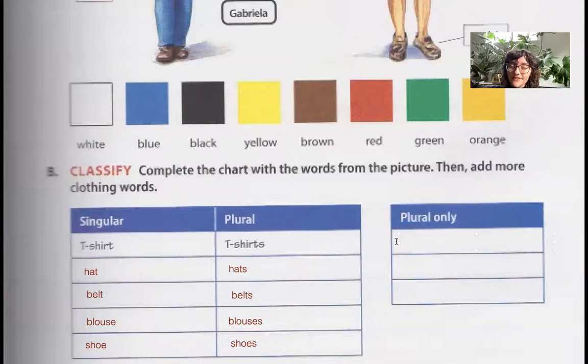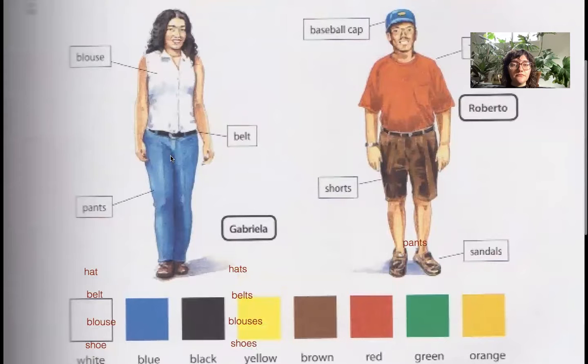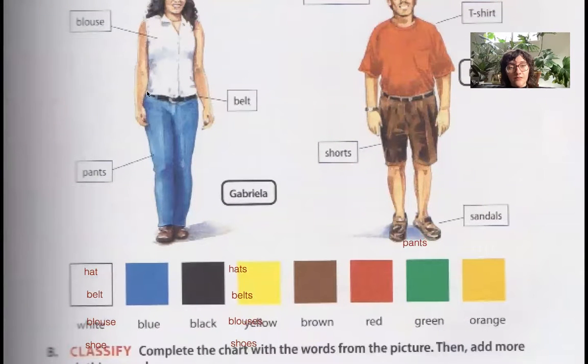Now, when we have something like pants, one pair of pants. So pair means two, right? When we say pants, it just means, for example, if you look at Gabriella, she is wearing a pair of pants, a pair of pants.